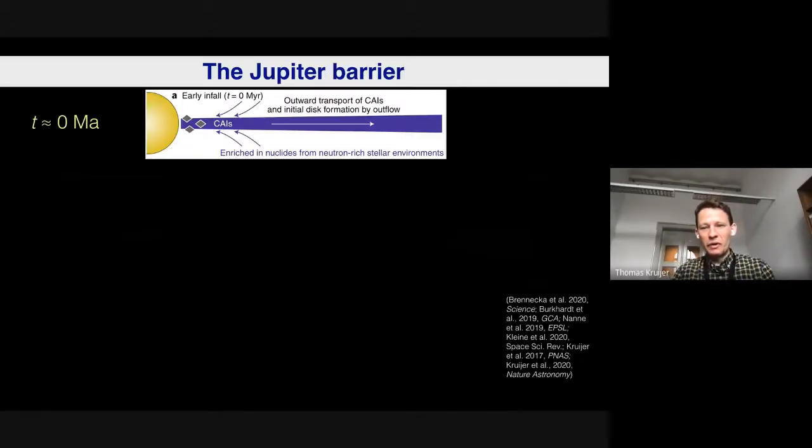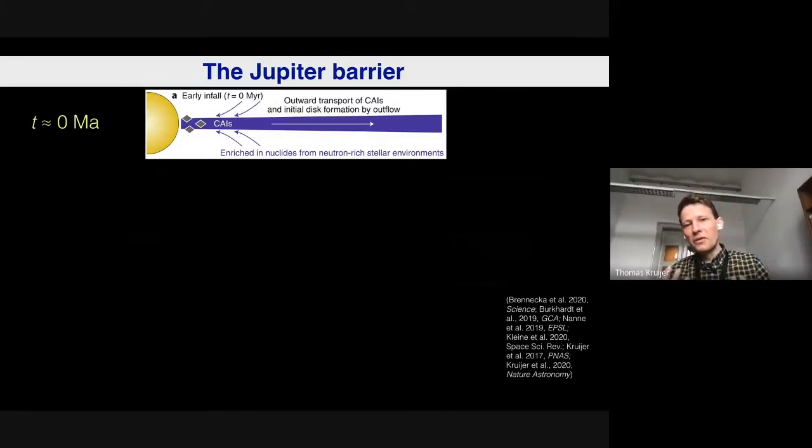What we think happened, and this is also combining several constraints from other studies, at least most likely happened, is that the composition of the disk initially was very much like that of calcium-aluminum-rich inclusions, CAIs. They are the oldest objects, so their isotopic signatures are probably very similar to a reflection of the earliest disk at 0 million years.